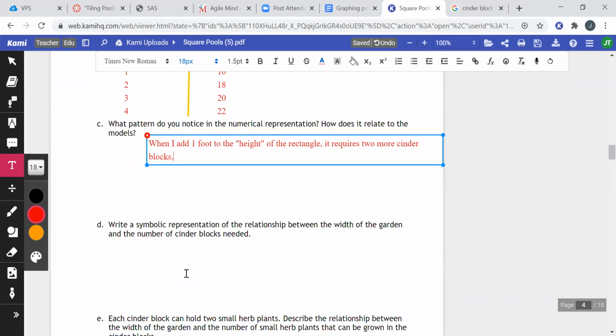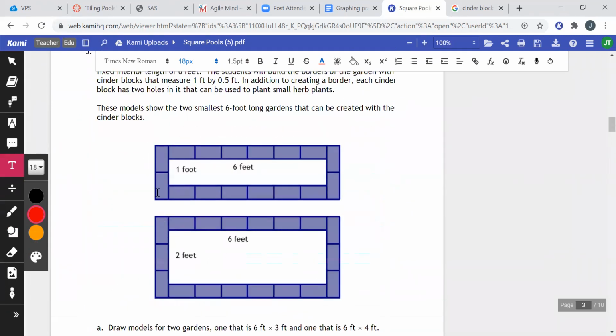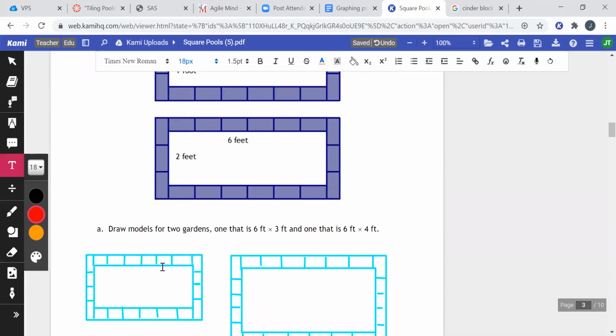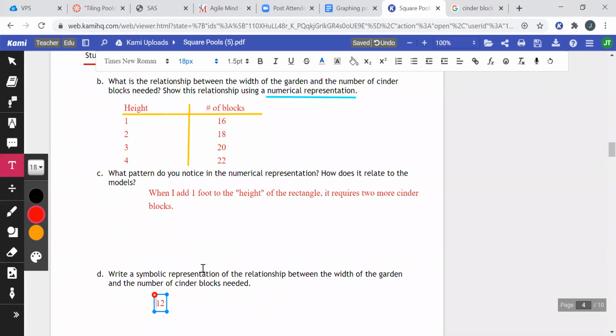Write a symbolic representation. Well, here's what we notice. We notice that we have 6 on the top and 6 on the bottom. That's 12. But before that, we would have the length of our side. If it's 1 foot, I get 2 blocks. If it's 2 feet, I have 3 blocks. If it's 3 feet, I have 4 blocks or whatever.